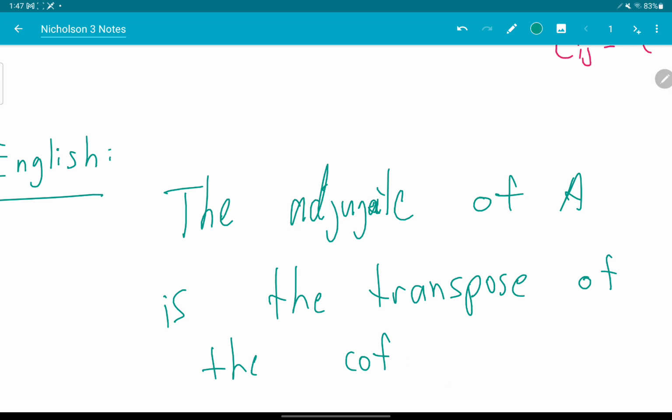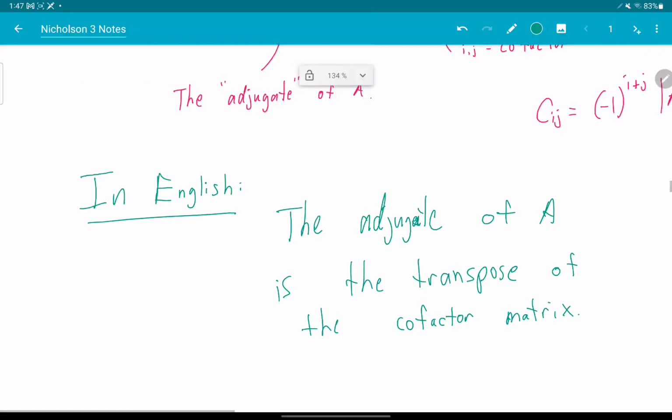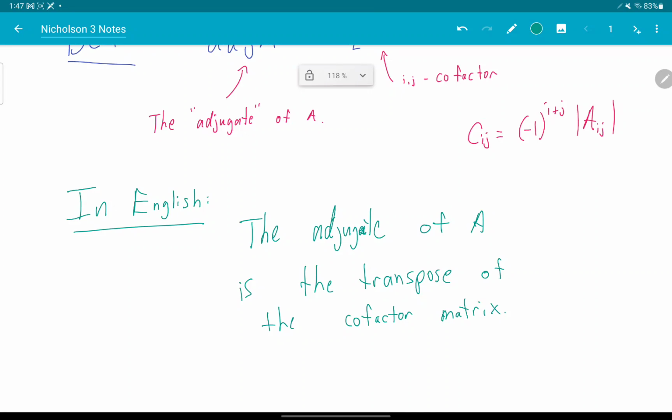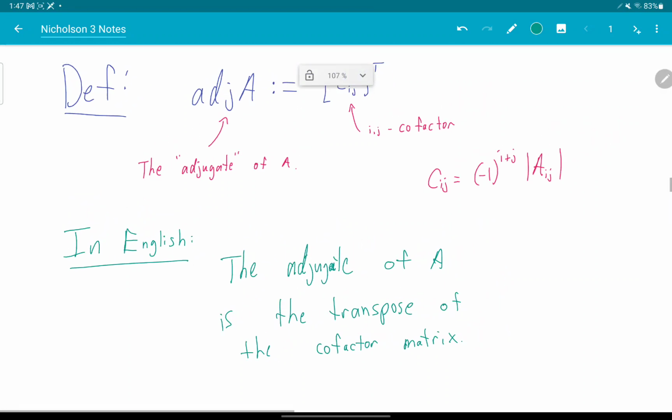Having trouble making my A's today. So that's what this equation is saying up here.